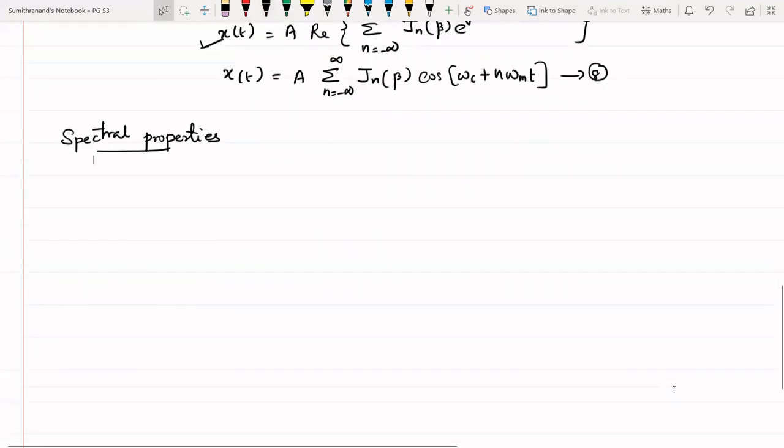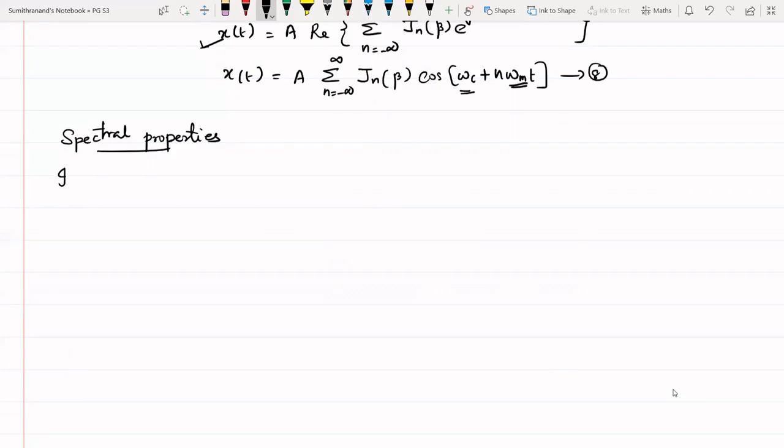Now, here in this expression, that is expression number 8, omega m is the frequency of the modulating signal, and omega c is the carrier frequency. Let us recollect the frequency components in amplitude modulation.